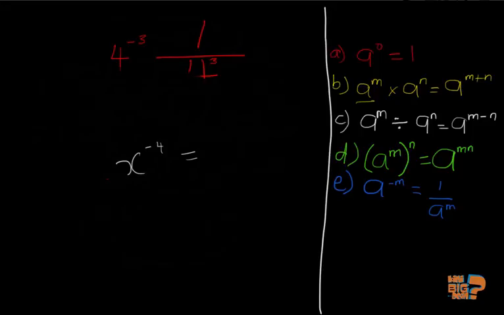This negative sign, convert it to 1. It's called the reciprocal. 1 divided by x still stays, then it's still raised to power 4, only that this time, instead of negative 4, it has been converted to 1 over x raised to power 4. That's how you solve that.